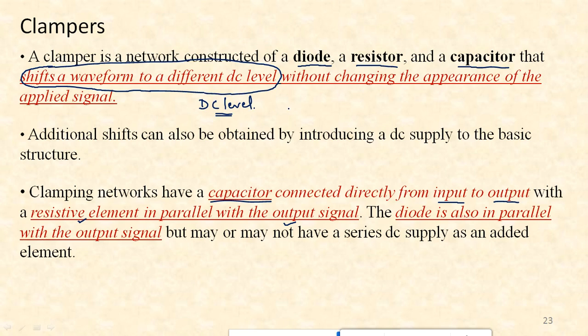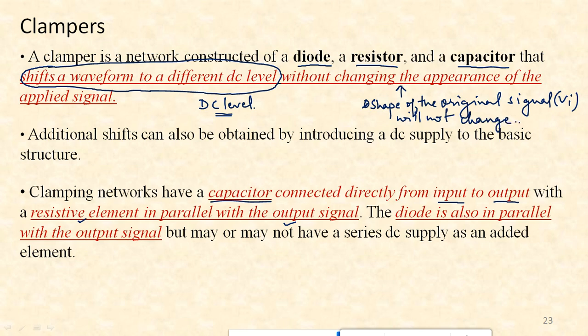Further, this DC shift happens without changing the appearance of the applied input signal. Let me write the shape of the original signal; I am talking about Vi, which will not change.